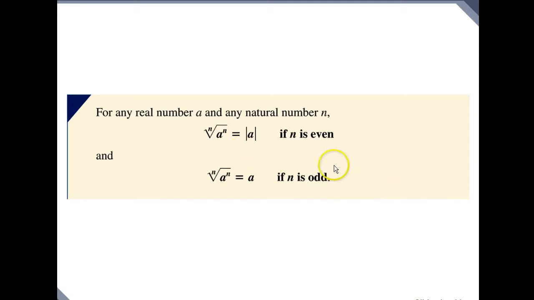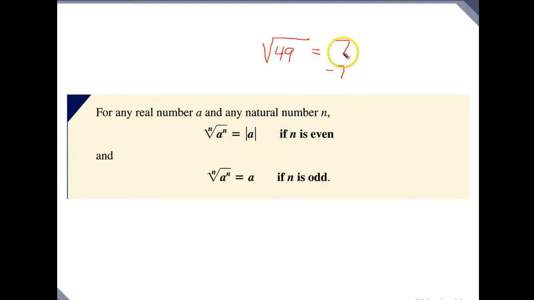Now, let me give you some background on this. If you had the square root of, let's say, 49, the square root of 49 we know is 7, but it also could be a negative 7.